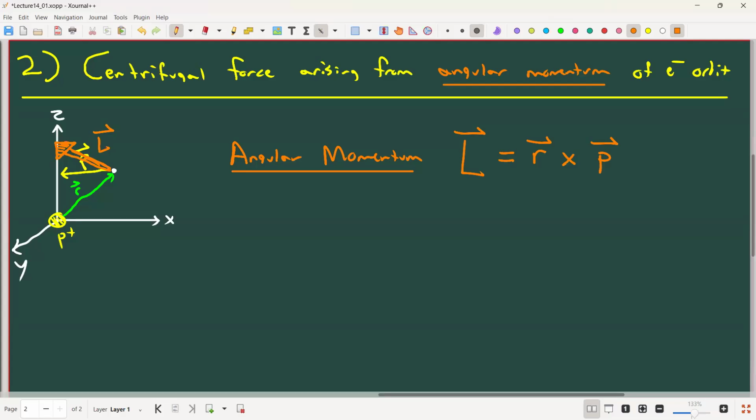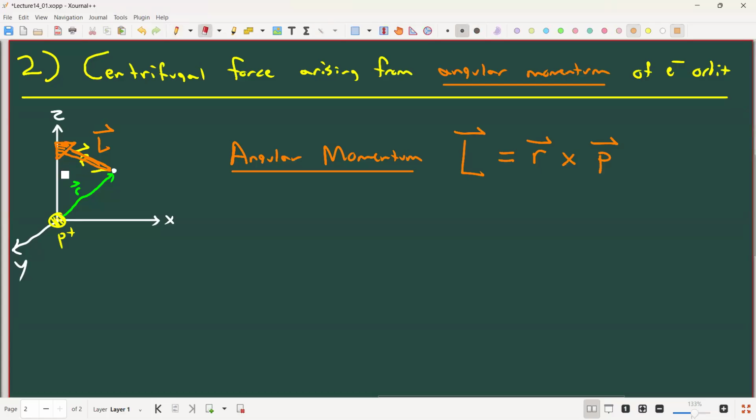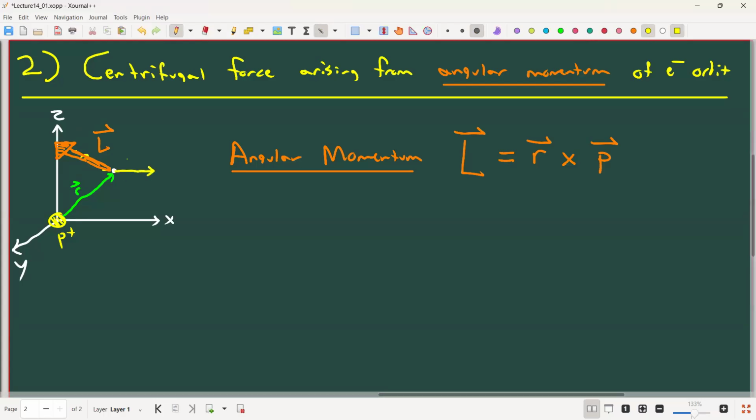And what does that lead to? Well, actually it's pointing into the board. I'm sorry, I have that wrong. Let me fix it. There's an easy way to fix this: I'm just going to make the momentum go the opposite direction instead. There we go. Now the angular momentum is out of the board.